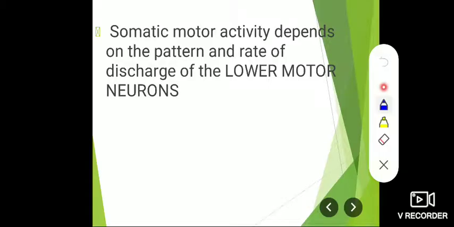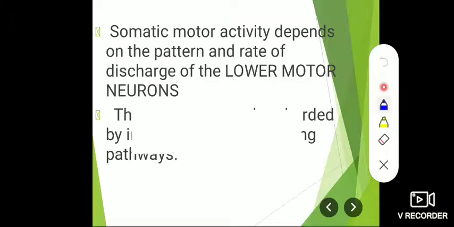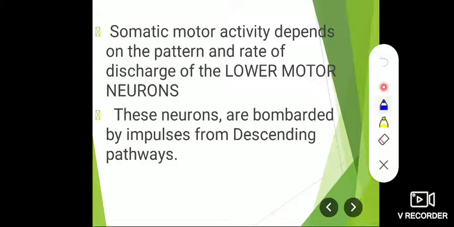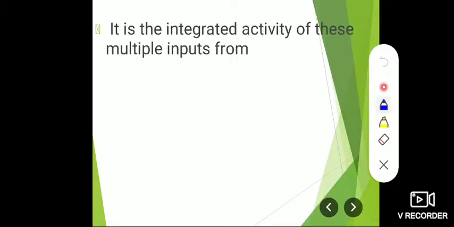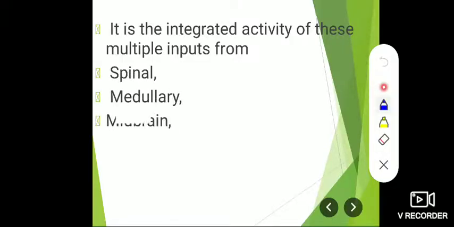Basically somatic motor activity depends on the pattern and rate of discharge of the lower motor neuron, that is our alpha motor neuron, which can be a spinal motor neuron or in cranial nuclei. These neurons are bombarded by impulses from descending tracts. Basically it is the integrated activity of multiple inputs from spinal cord, medulla, midbrain and cortical levels.